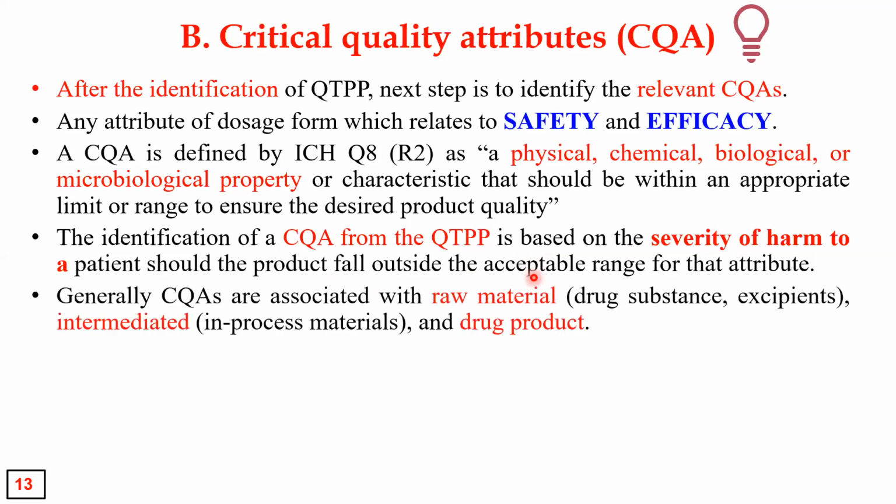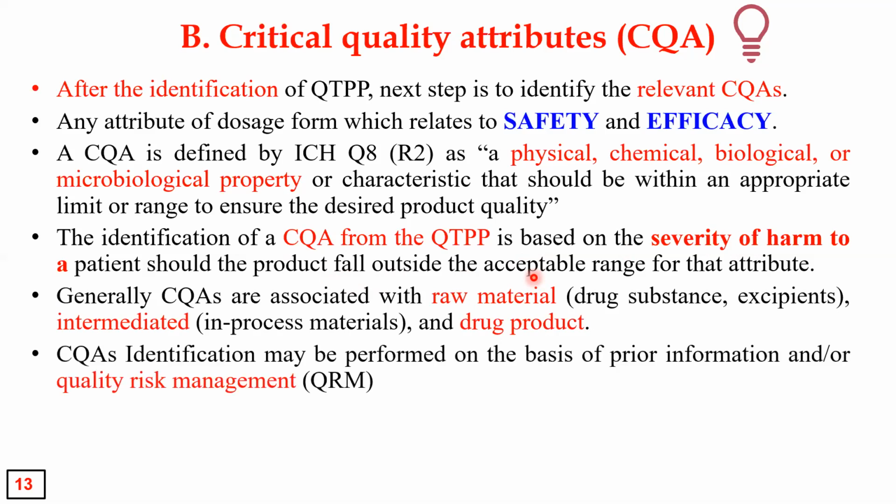Generally, CQAs are associated with raw materials, which we call critical material attributes, and are sometimes also associated with the process. CQA identification may be performed on the basis of prior information, that is, quality risk management, which we are going to see when we find the CQAs for this product.